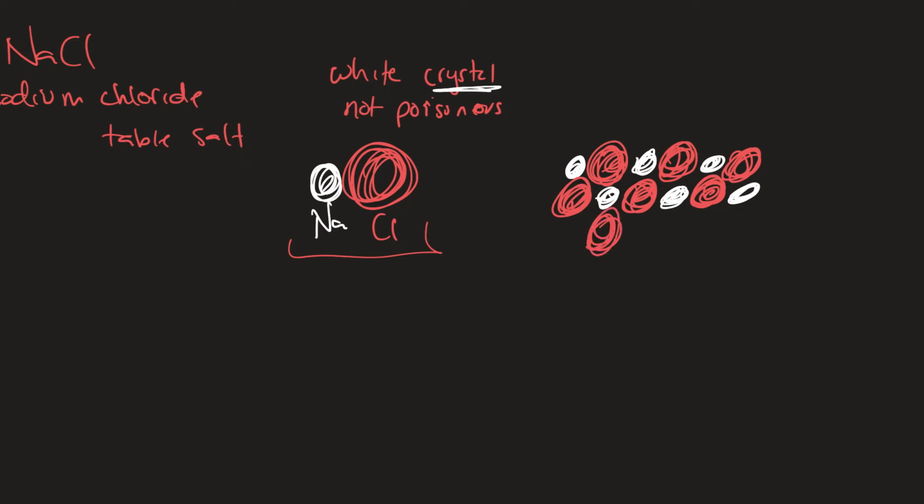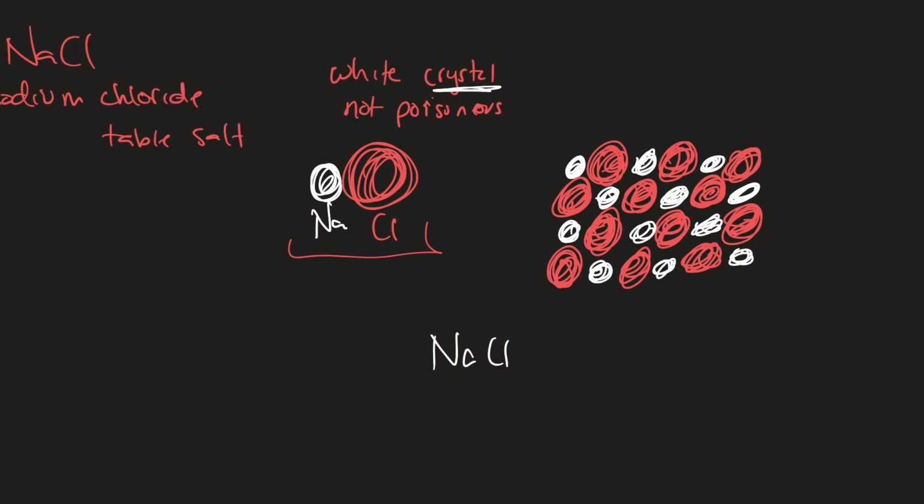Let me just add my chlorines and my sodiums, and then more of my chlorines. So this is a crystal, where you have repeating segments of your atoms that are bonded together. Looking at the ratio, it's 1-to-1. For every one sodium, there's one chlorine. This is the reason we simply write it as NaCl, showing that for every one sodium, there is one chlorine. So this is the big thing about ionic bonds.